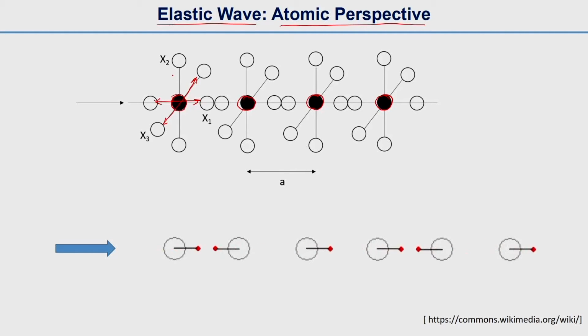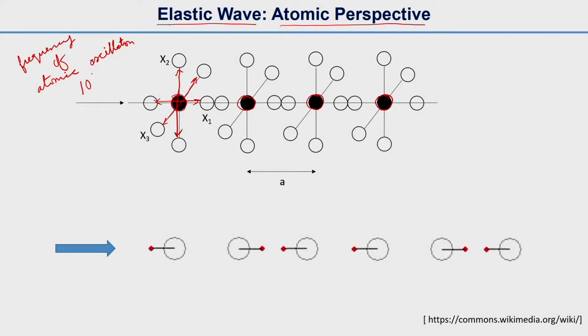These oscillations can be broken down into three directions, x1, x2 and x3. The frequency of atomic oscillation is very high, 10 to the power 13 per second, or we can write hertz.